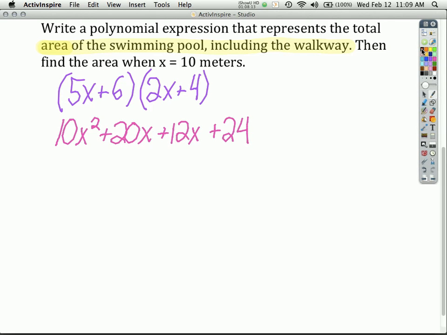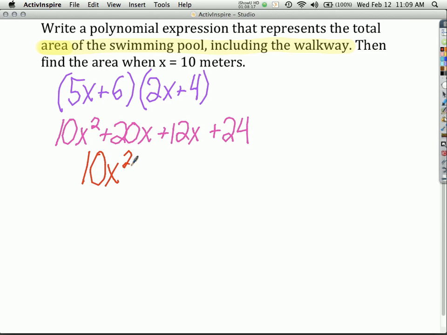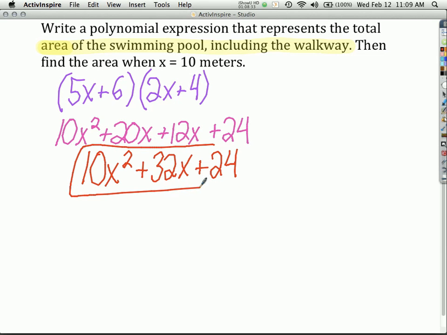Combine like terms, and then we will have an expression that we can give our boss, the contractor, that represents the area of this pool plus walkway, no matter what size we want to scale it up to. This can be used over and over again.